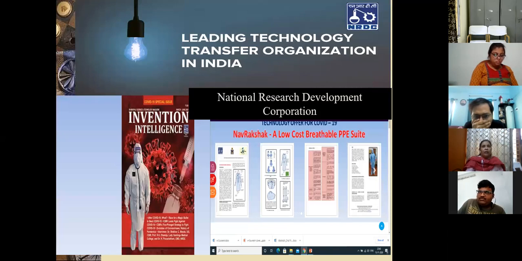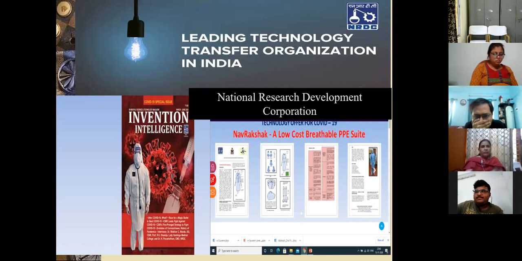Then you have NRDC. What is it? National Research Development Corporation. As I mentioned earlier, the head office is in Bangalore, and there are offices all over India. They bring out a magazine about invention and intelligence, and the recent one emphasizes COVID-19. In fact, NRDC helps in filing patents.